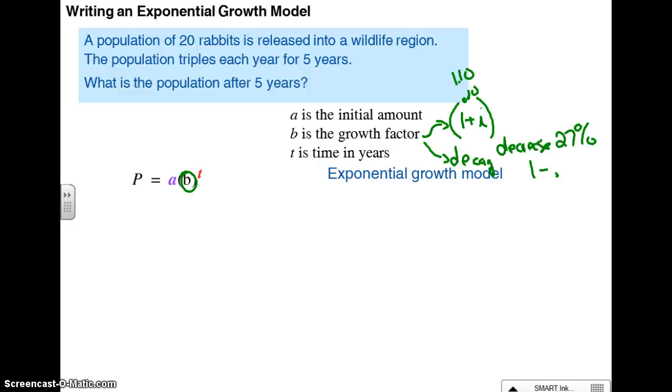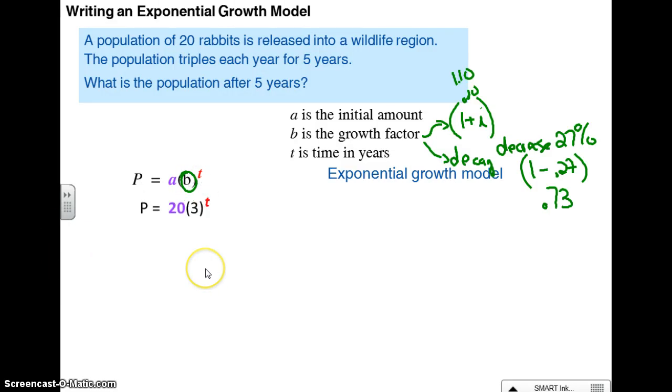So it'd be 1 minus 0.27. So now your growth factor would actually not be more than 1, it would be less than 1. In this case, it would be 0.73. So that b value can be whole numbers or it can be decimals depending on whether it's growing or decaying.